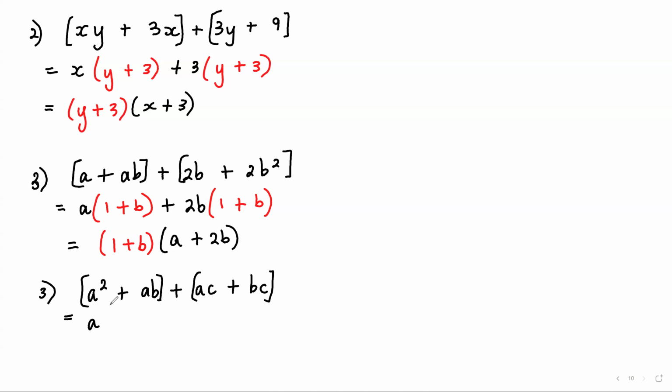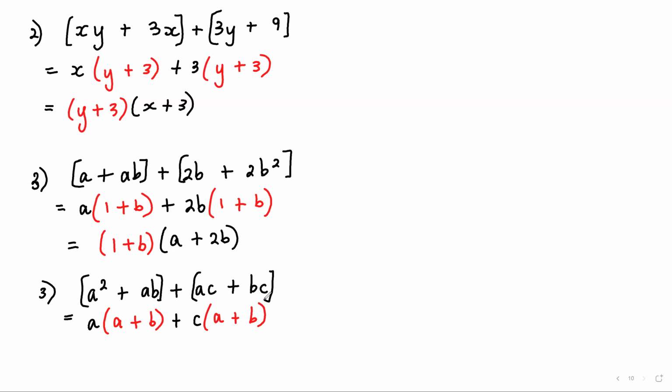And in brackets, you'll have, well, a times a is a squared, and a times b is ab. Bring down this plus sign. The common factor between ac and bc is c. In brackets, you'll have, well, c times a is ac, and c times b is bc.